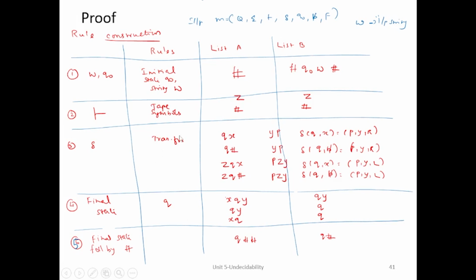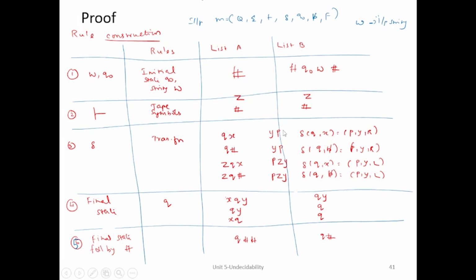And the third rule is framed with the transition functions. There are 4 different types of functions possible: with right direction or left direction, with the given input symbol sigma or blank space. If it is given as qx equal to pyr, instead of writing qx, we write yp, because instead of q state we write p state, and instead of x symbol we write y symbol.